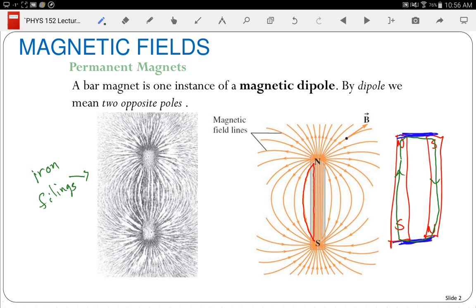Iron is a strongly magnetic material. Strongly magnetic materials we call ferromagnets. Iron doesn't mean strong. Ferromagnet means it's magnetic like iron, because ferro means iron. So ferromagnets are strong magnets, not the strongest, but they're strong.